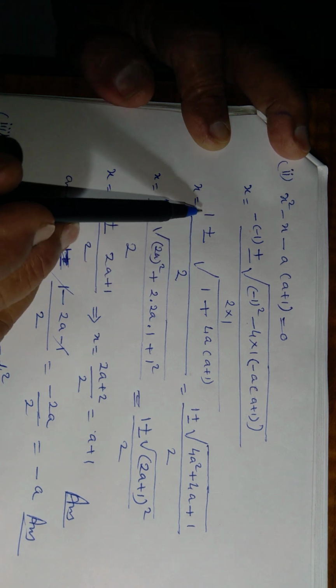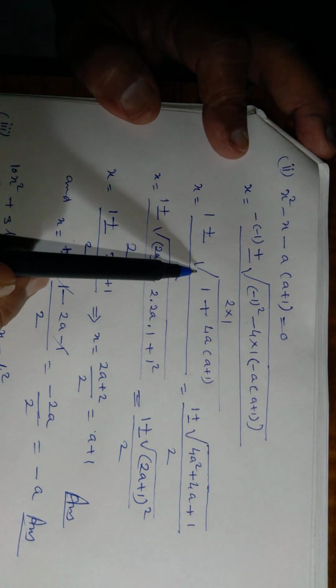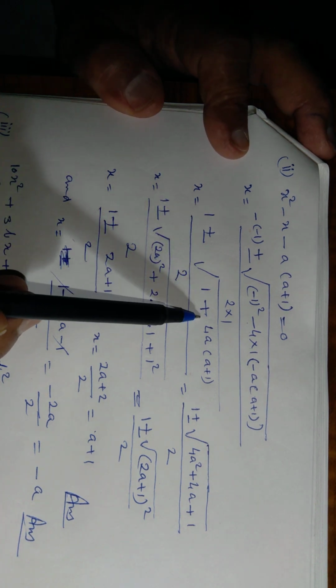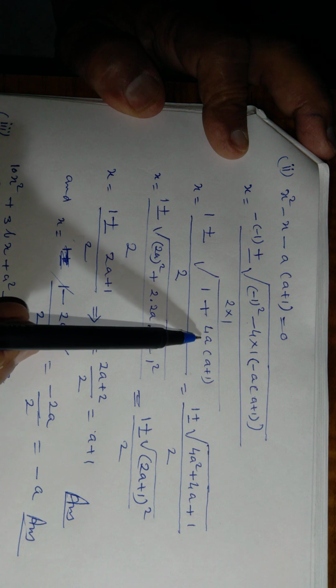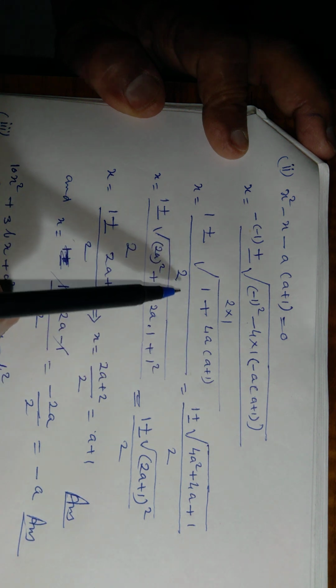So you just solve it, and x will be equal to 1 ± √(1 + 4a(a + 1)) divided by 2.